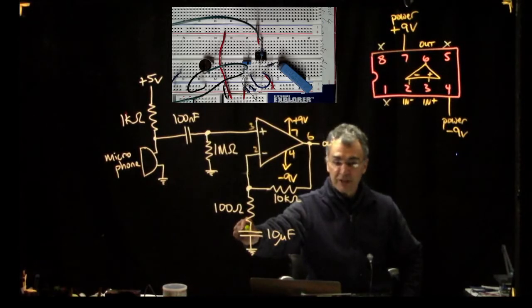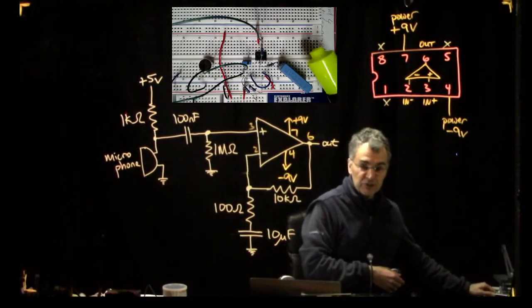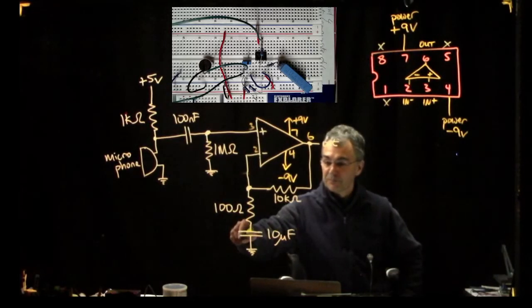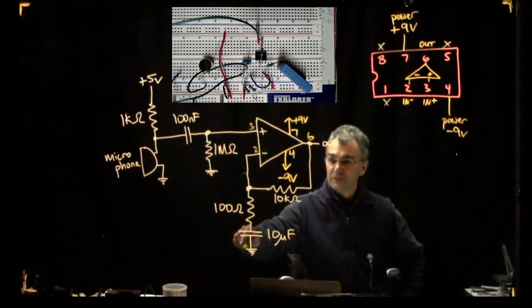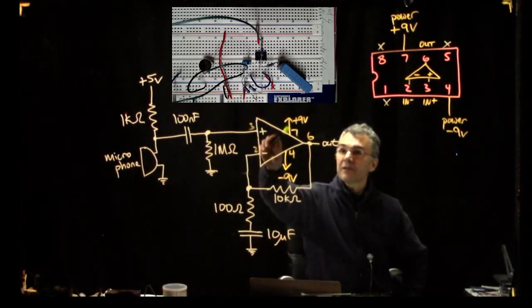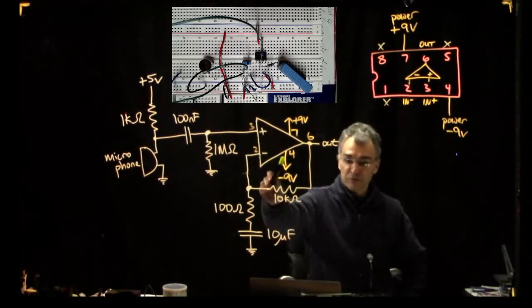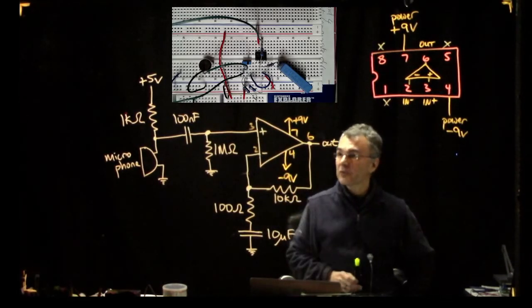You'll see when we look over here, it's this really huge capacitor. Then that comes down to ground. And as always, pin 7 is going up to our positive power supply, and pin 4 is going down to our negative power supply.